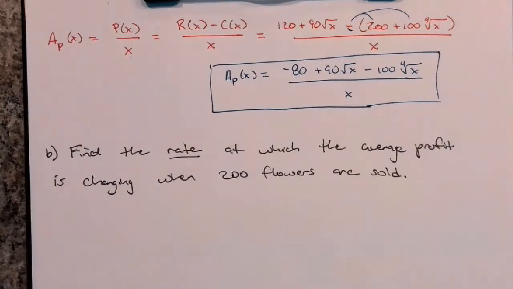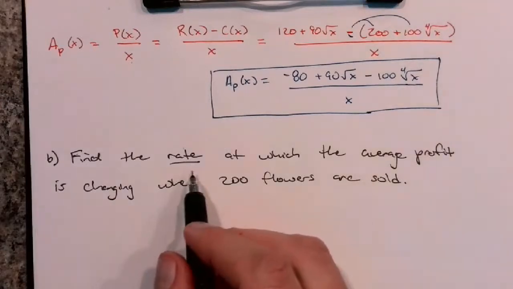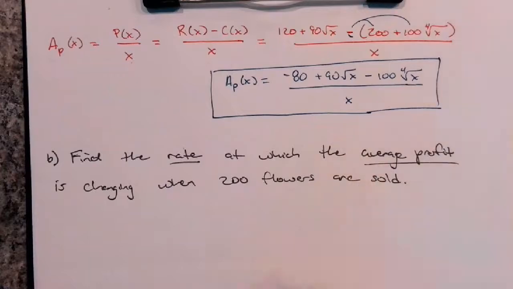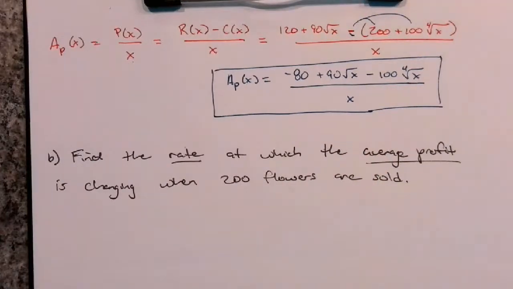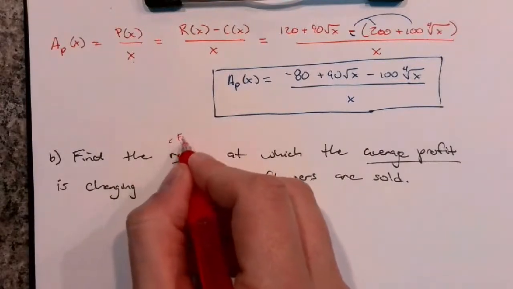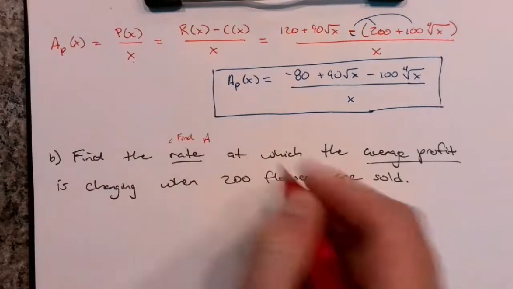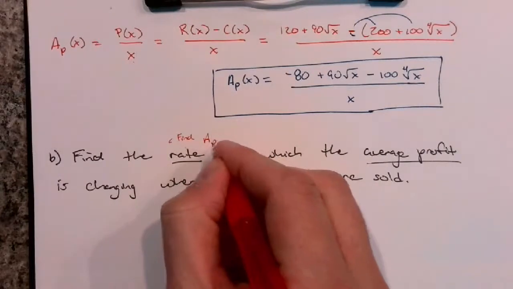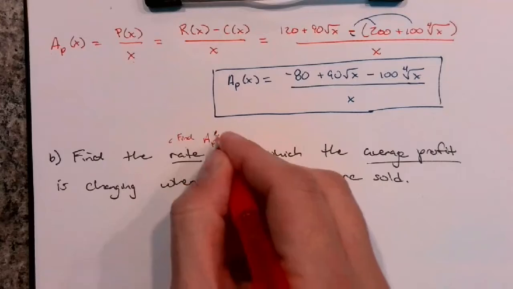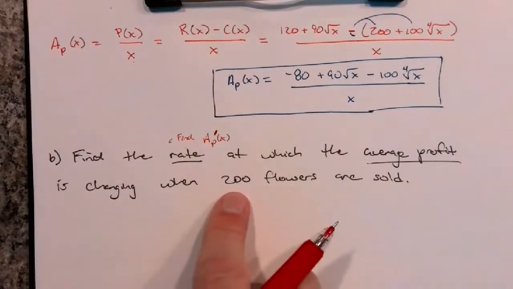When you hear rate at a specific value, that should make you think, okay, I'm looking for the derivative. What function am I looking at the derivative of? The average profit. So the rate at which the average profit is changing, remember, rate of change at an instant, that's the derivative. So I'm really looking for A sub P prime of x, the derivative, and then I will sub in 200 flowers.